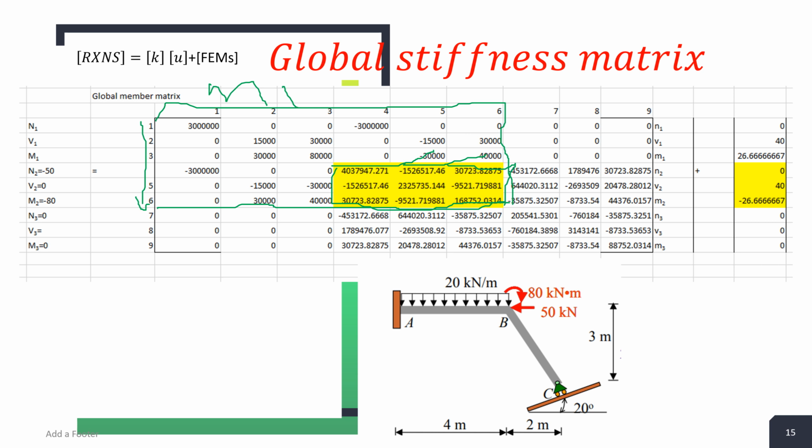Okay, let me just make it easy. So this is member 1, and this is member 2. So this overlapping area, you need to add. That's all.